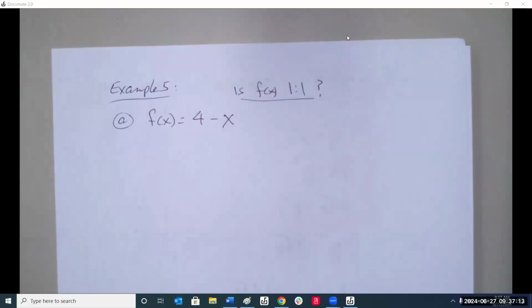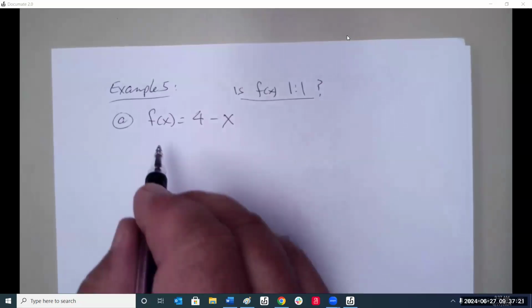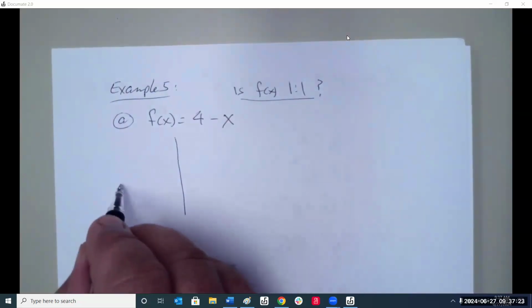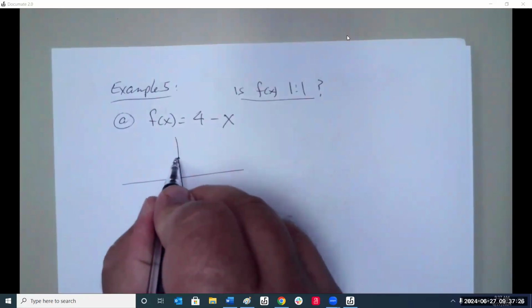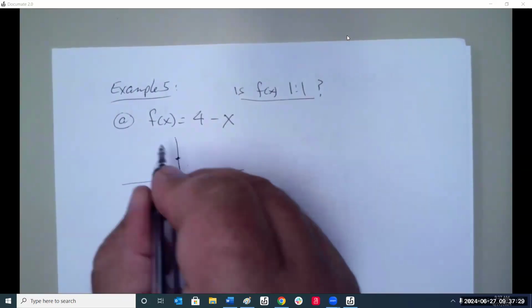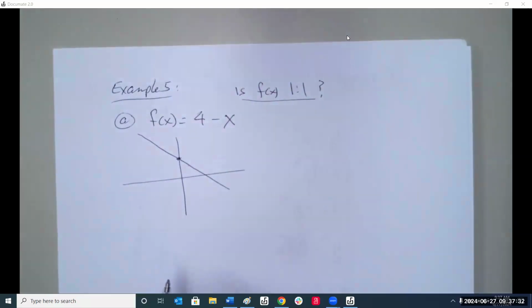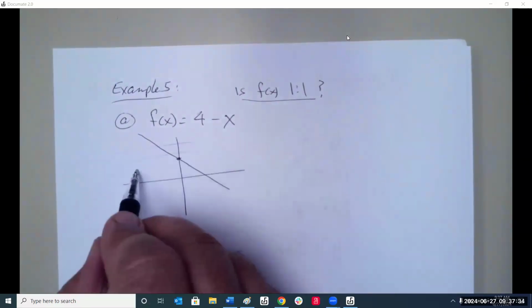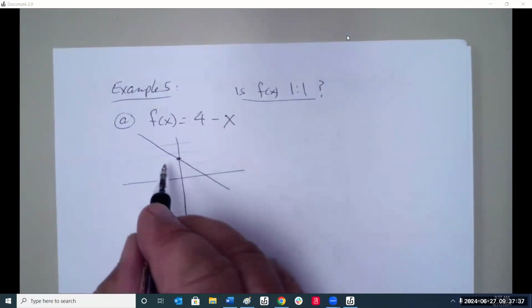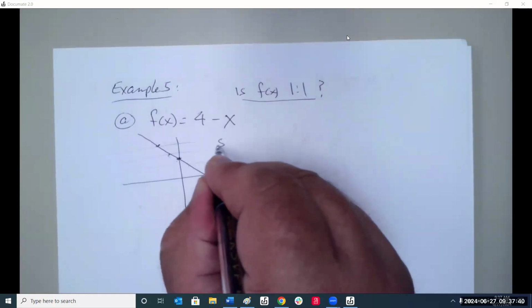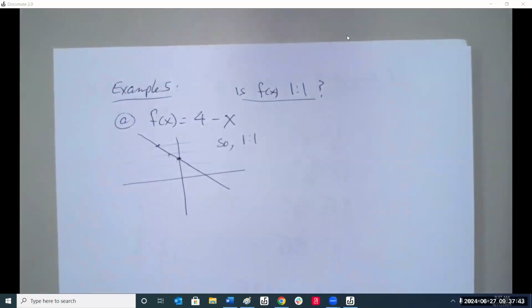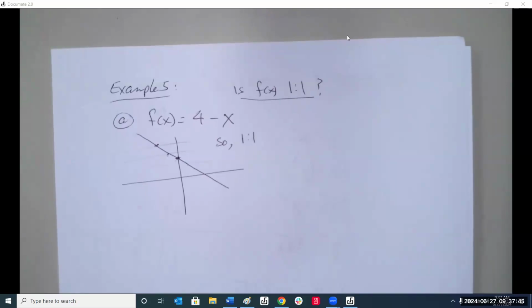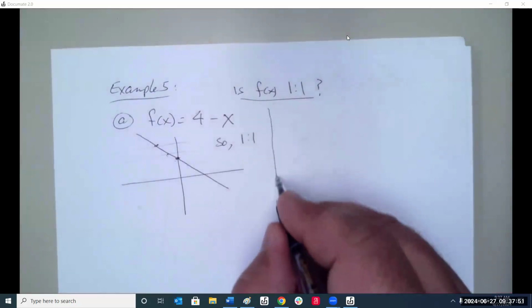Is that one-to-one? What's the graph going to look like? It crosses at 4, down 1 over 1. Does it pass the horizontal line test? Yeah, it only crosses the graph once. So it's one-to-one, which means that it has an inverse. And the inverse is a function.